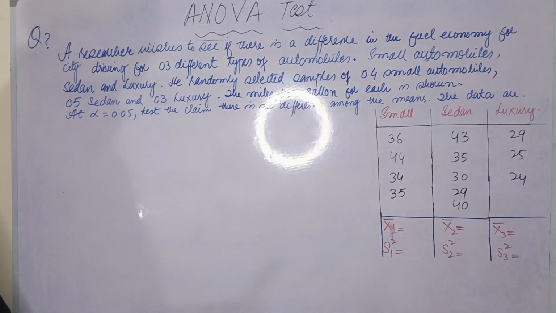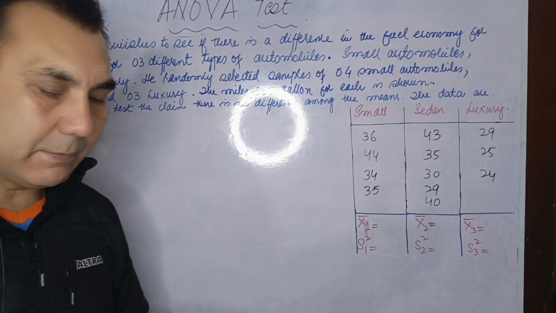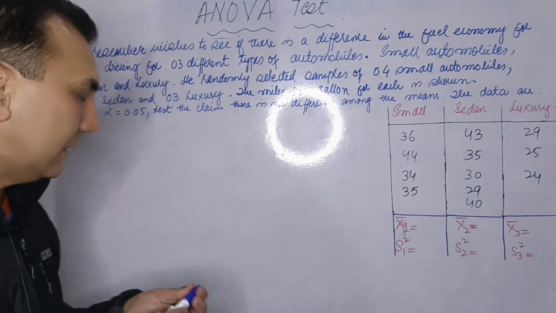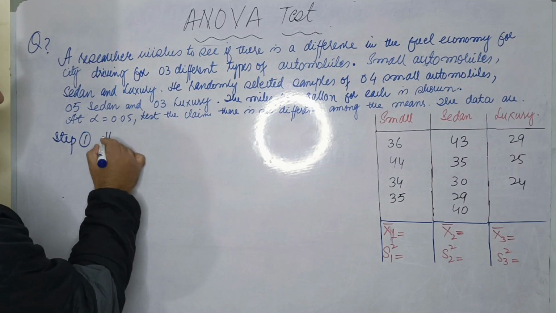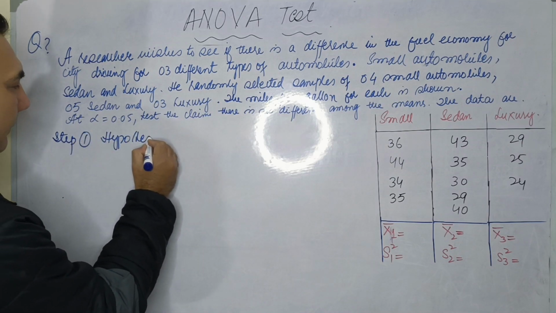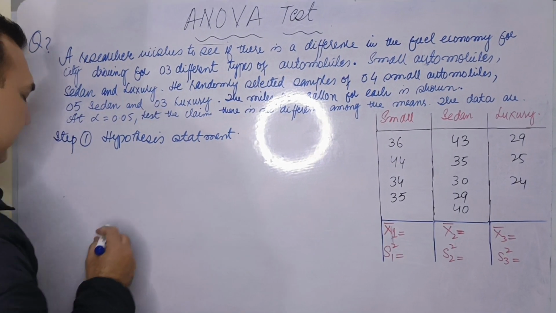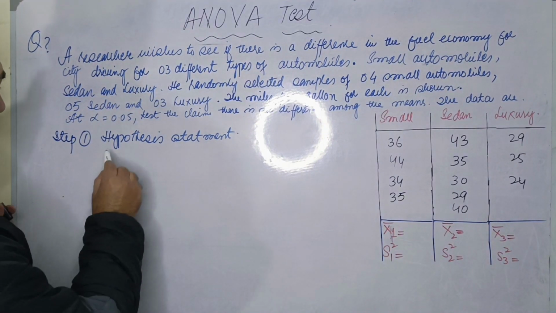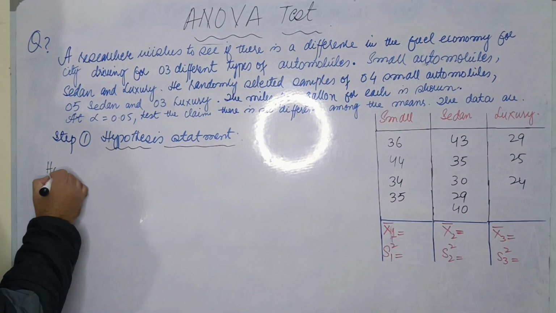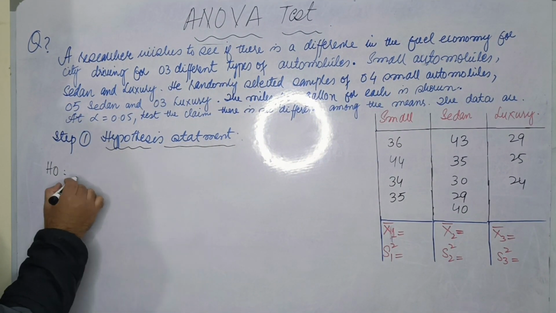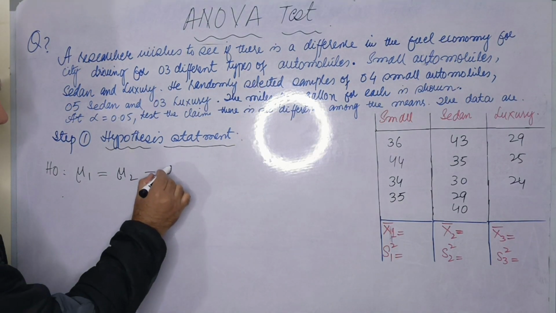Now we will solve the hypothesis again by using the 5 steps. In step number 1, write down the hypothesis statement for the F test. The claim says the null hypothesis is that mu 1 is equal to mu 2 and mu 2 is equal to mu 3.